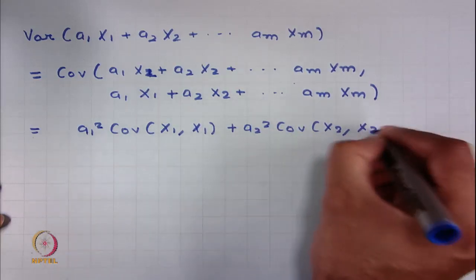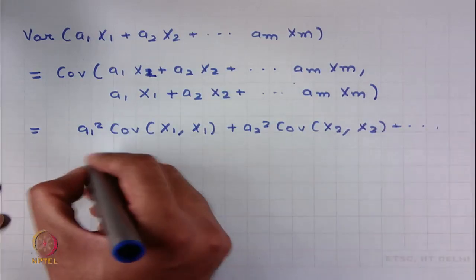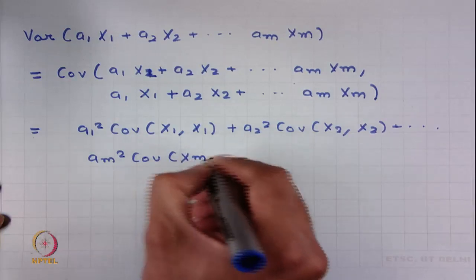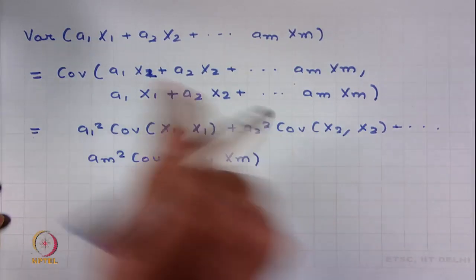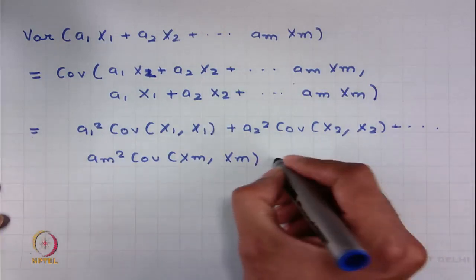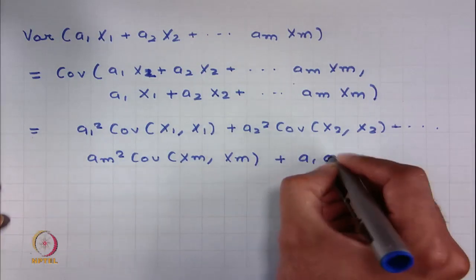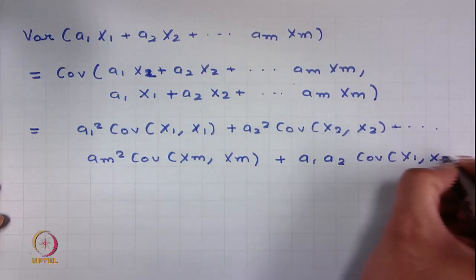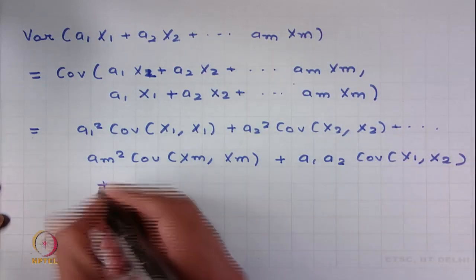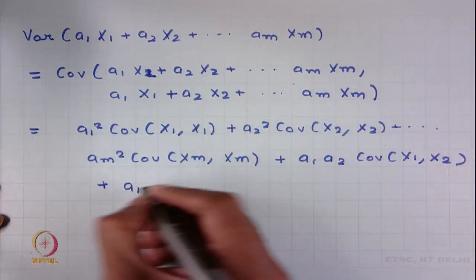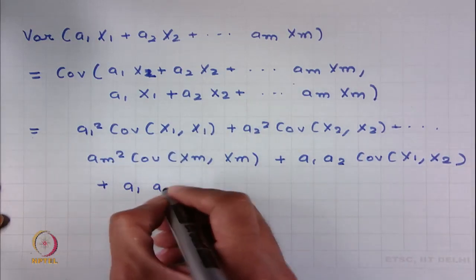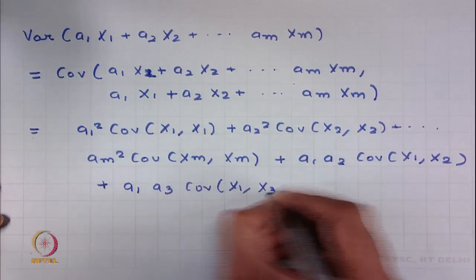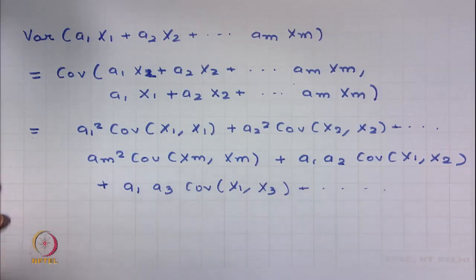You can go on like this, am square into covariance of xm with xm, and then there will be some cross terms. For example, a1 a2 into covariance of x1 with x2, then we will have a1 a3 covariance of x1 with x3 and so on and so forth, right.